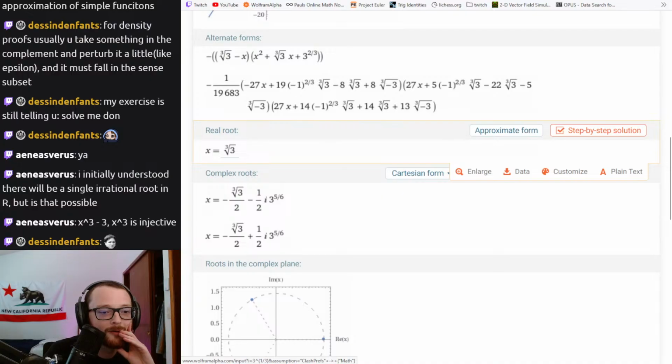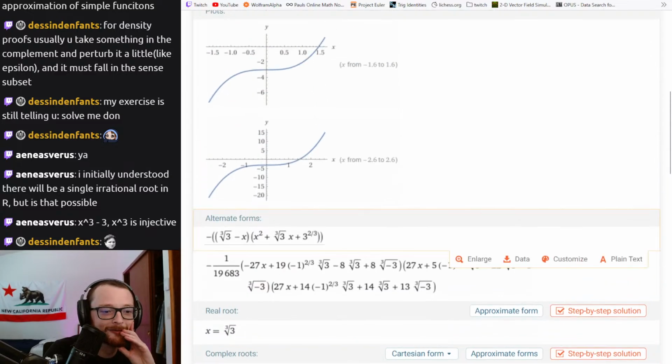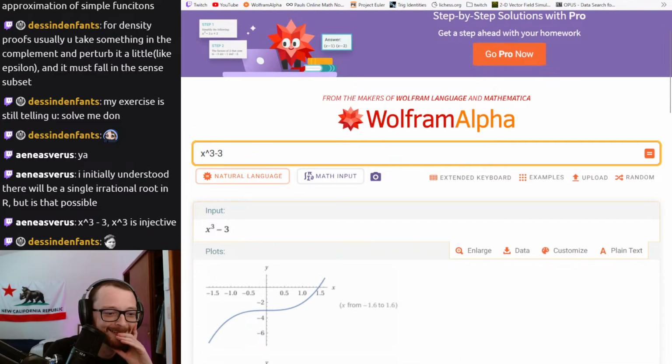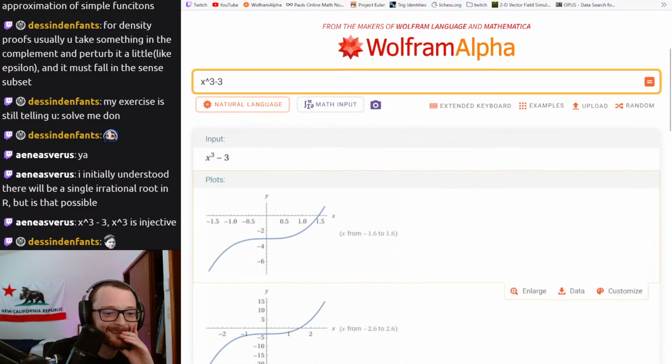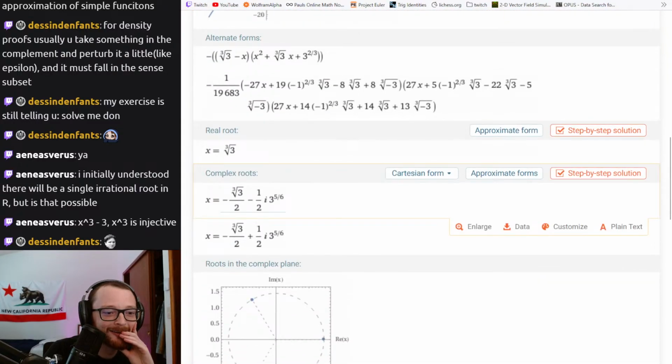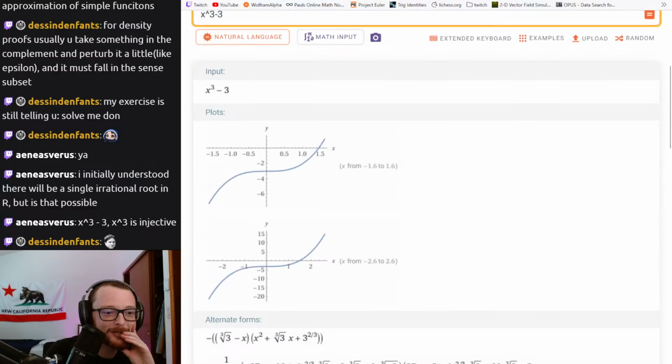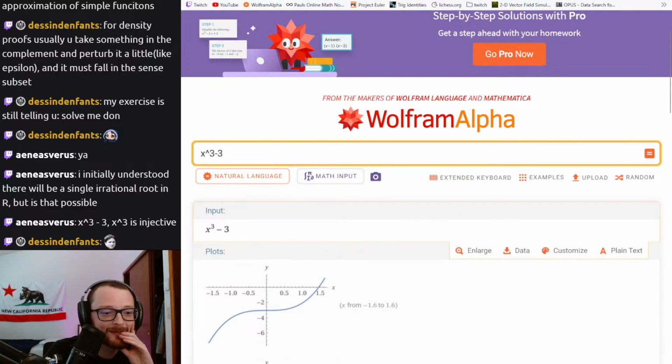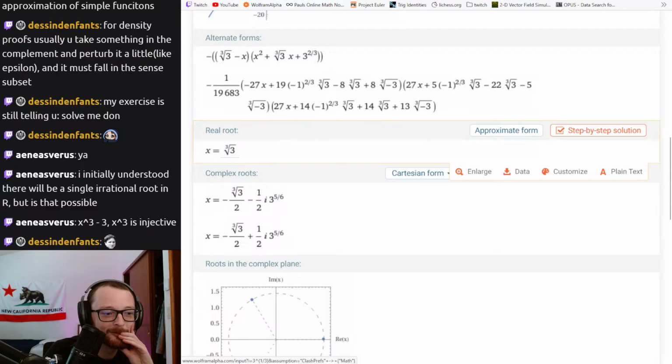Oh. Huh. What an annoying function. Wow. Rational coefficients, not a single rational root.